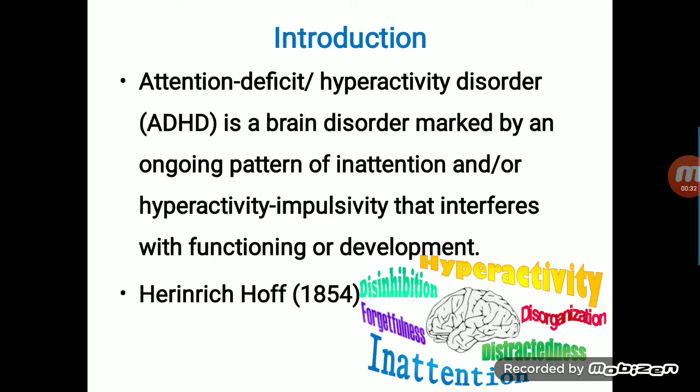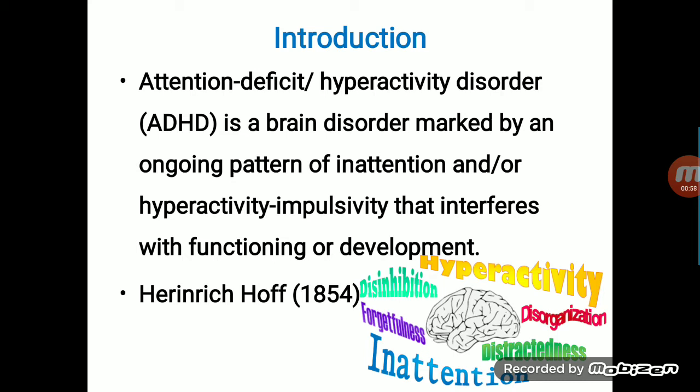So a person or a child who is suffering from this disorder will have a marked ongoing pattern of inattention and/or hyperactivity or impulsivity that interferes with functioning or development. So children who are suffering from this disorder will have a problem in attention, the children will be very much hyperactive, and the child will also have impulsive behavior.